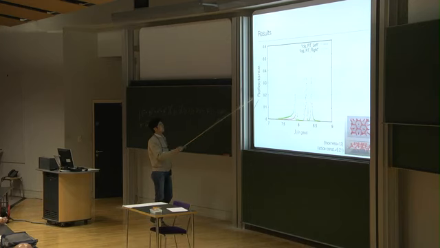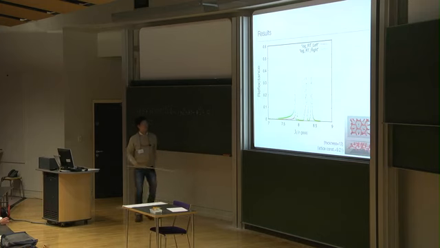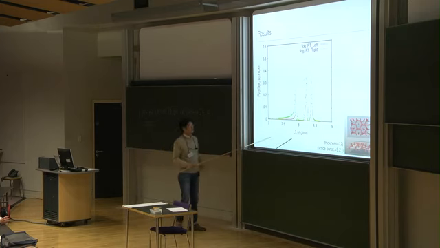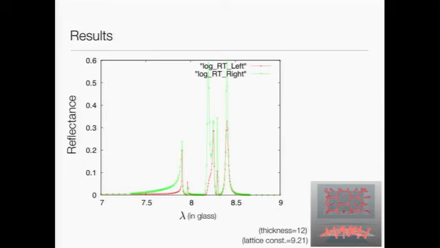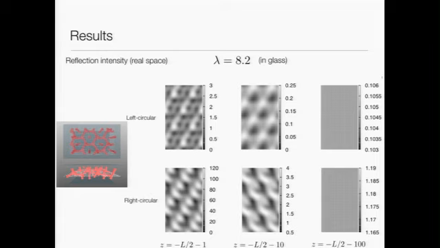Again, reflectance is plotted against the wavelength, and now, in contrast to the previous case, the responses to left circular light and right circular light are clearly distinguishable over a wider range of wavelengths. On the next page, I'll plot the intensity profiles at this wavelength, again in the plane near the liquid crystal and far away from it.